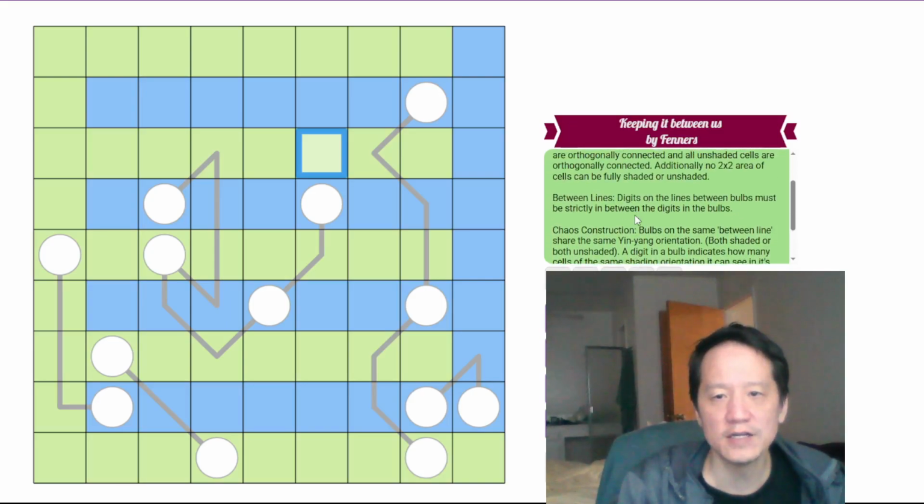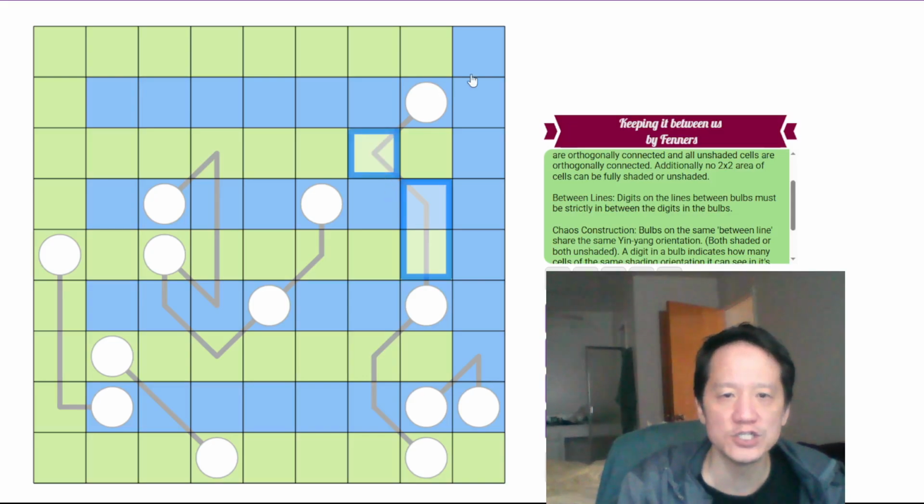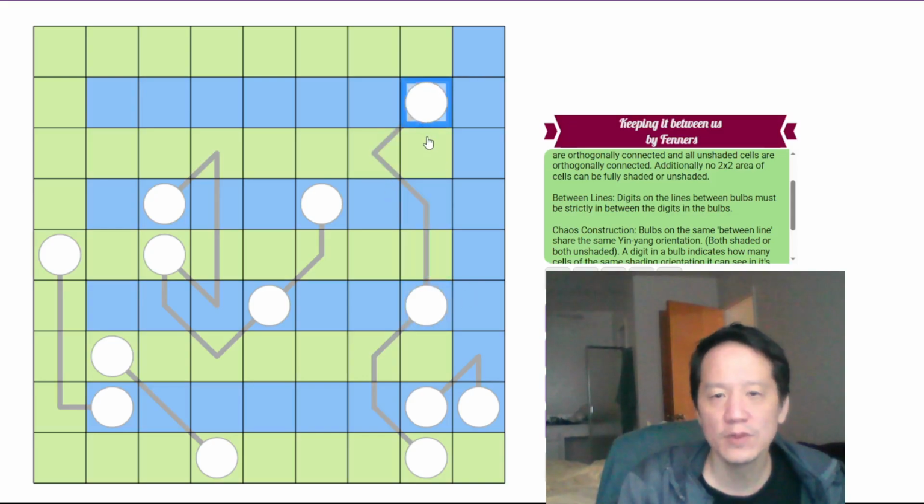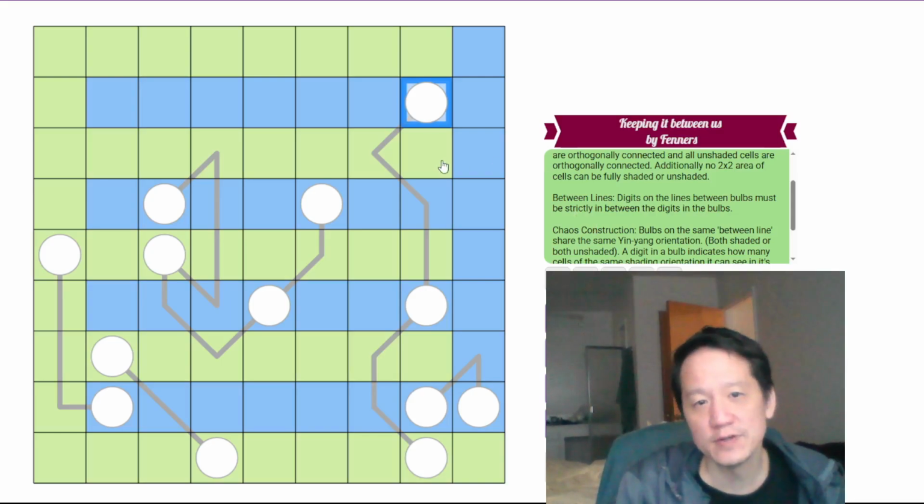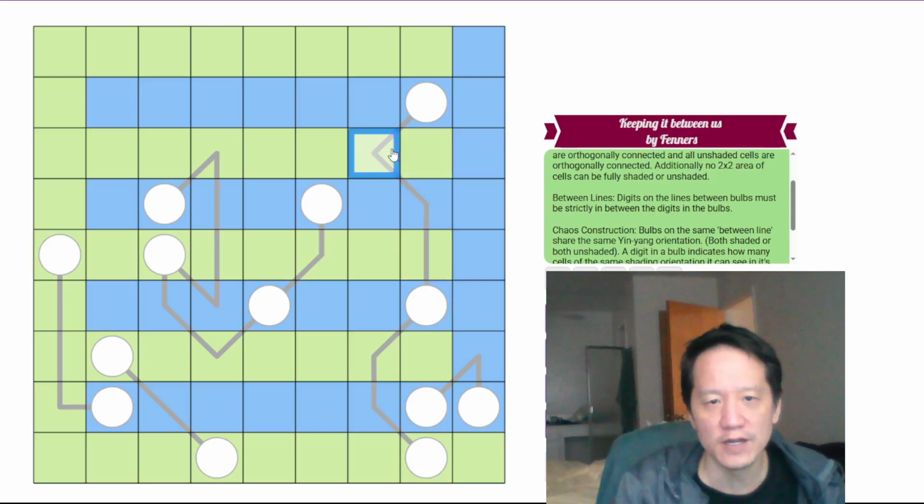Digits on the line. So we also have between lines, where digits on the lines between bulbs must be strictly in between the digits in the bulbs. So this is why it's called Keeping It Between Us, because we're keeping the digits on the between lines in between the digits that are in the bulbs.